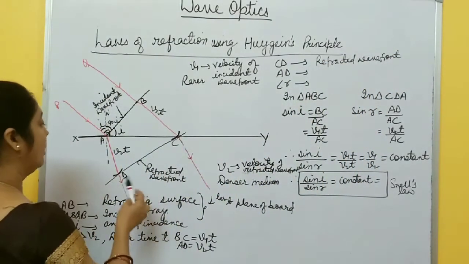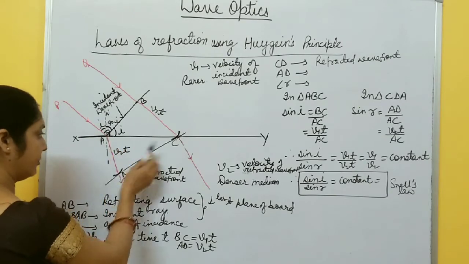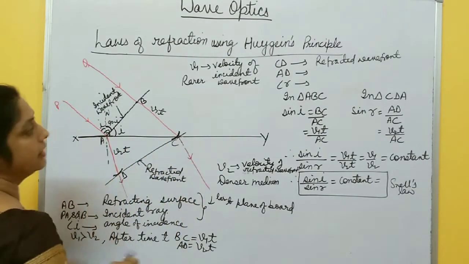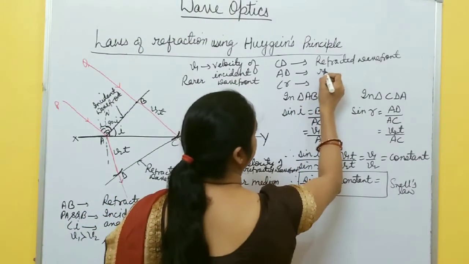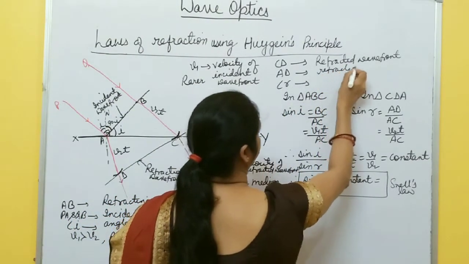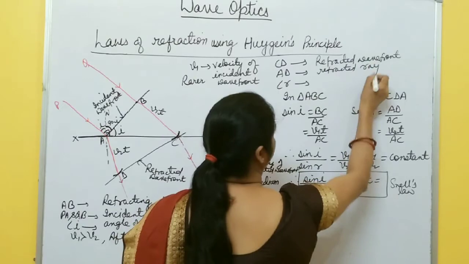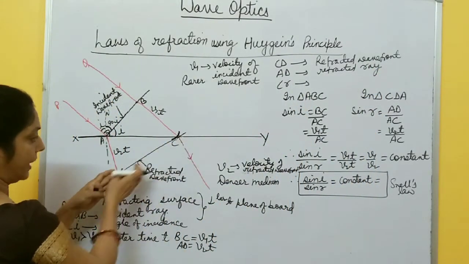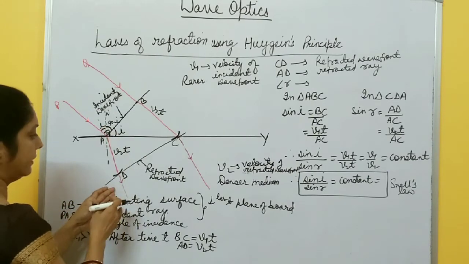And if you draw a normal to this wavefront, this AD is the refracted ray. Any line drawn normal to the wavefront is a ray. So on the refracted wavefront, you get the refracted ray.